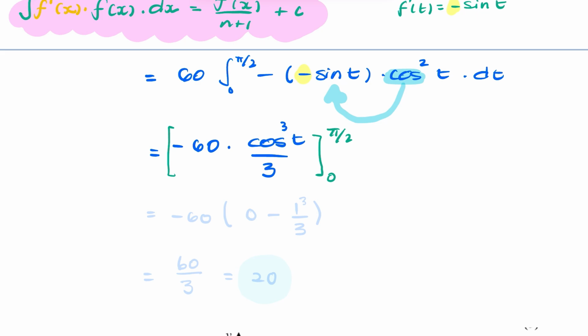Now we just need to substitute the limits. So I'll substitute pi over 2. Cosine pi over 2 is 0, so that's convenient. So it's now minus 60 into 0 minus cosine 0 is 1, so it's 1 over 3, or let's say 1 cubed over 3.